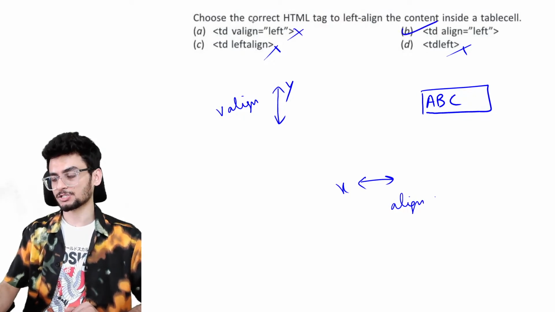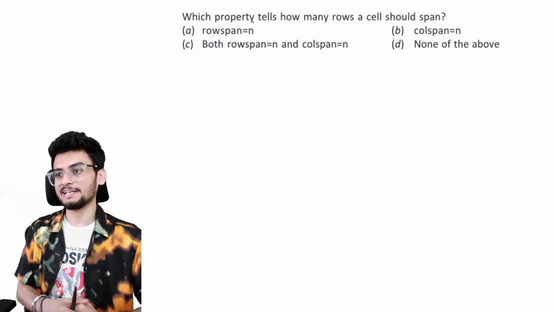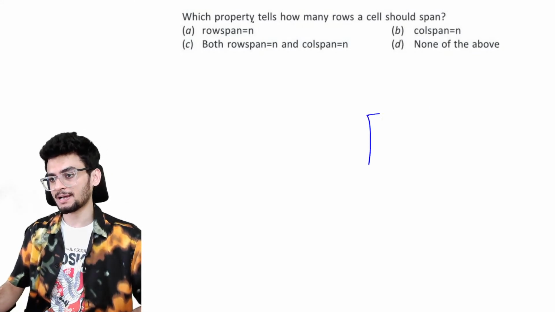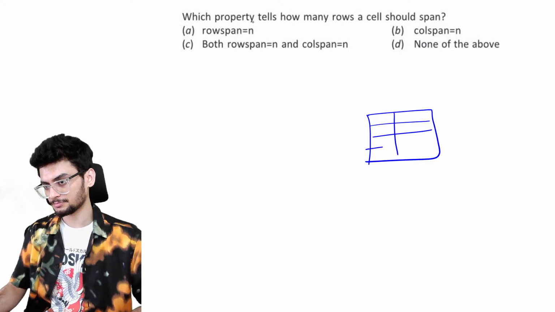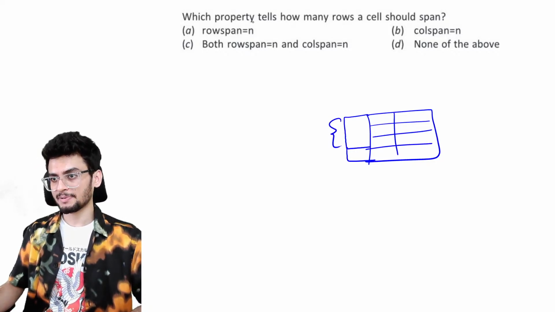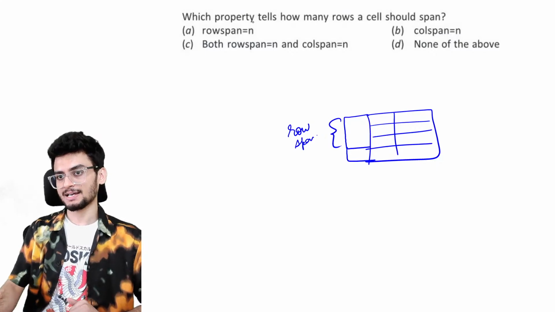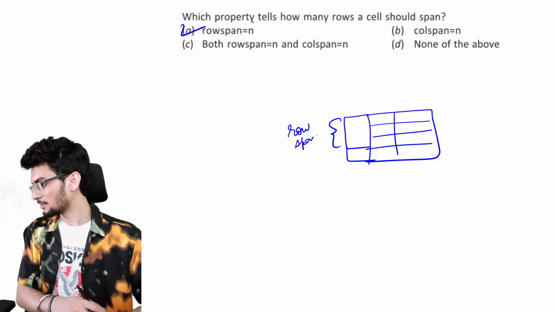So this is the right answer. Which property tells how many rows a cell should span? Again, I'm giving you the example. So what is happening is, this is row spanning, right? Row span. So A is the correct answer.